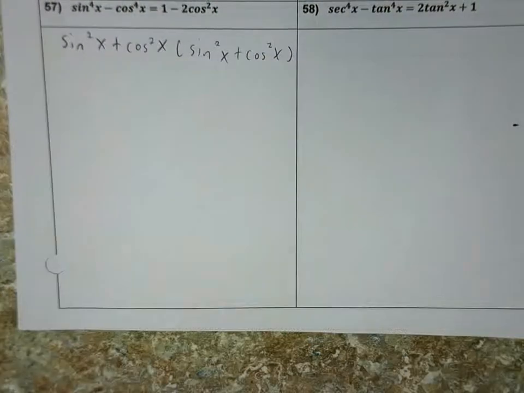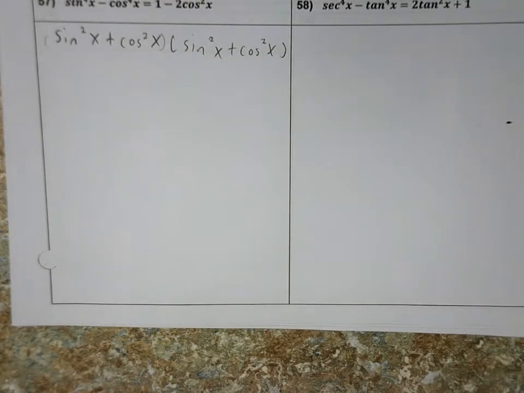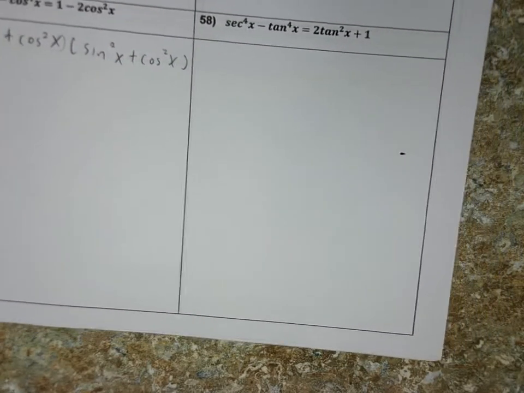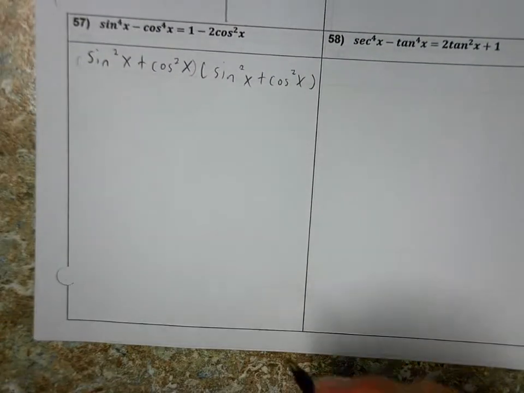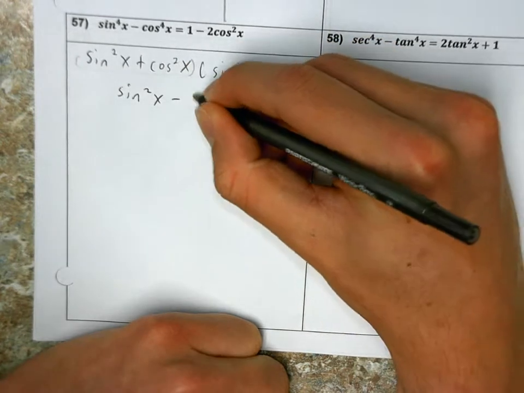And if we reference back to identity number 6, we know that sine squared x plus cosine squared x equals 1. So we can just take out the sine squared x plus cosine squared x part because it's 1.